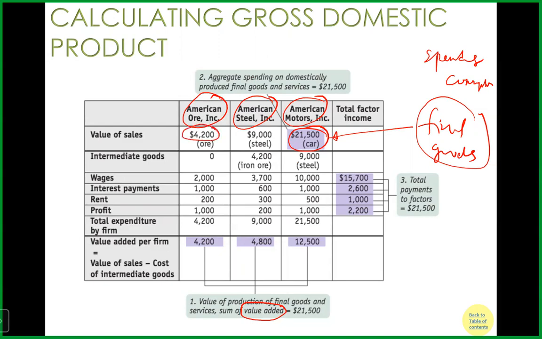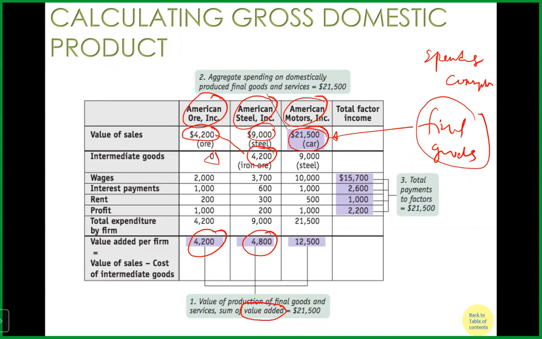They did not use any intermediate goods. Essentially, this is coming from minerals. Value added is here. Second firm, 9,000 in sales, but they used all that was produced by the first firm. So that's intermediate goods, and we subtract: 4,800 equals 9,000 minus 4,200.